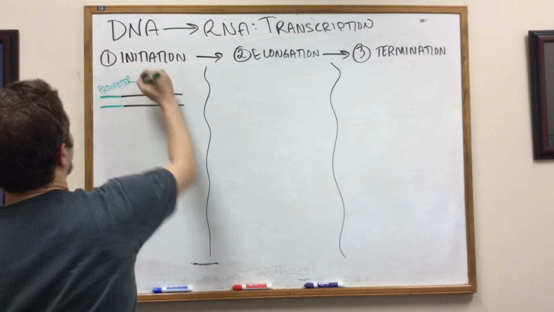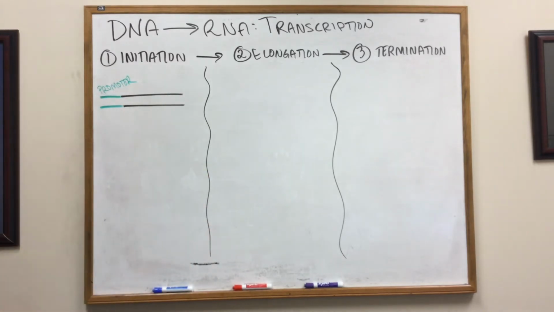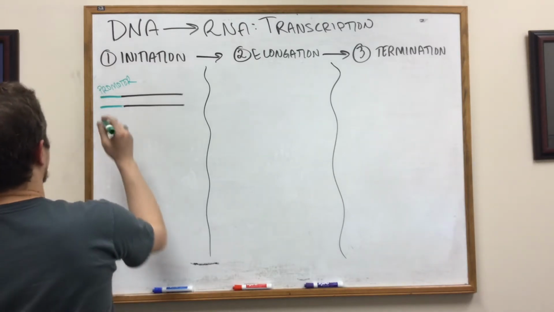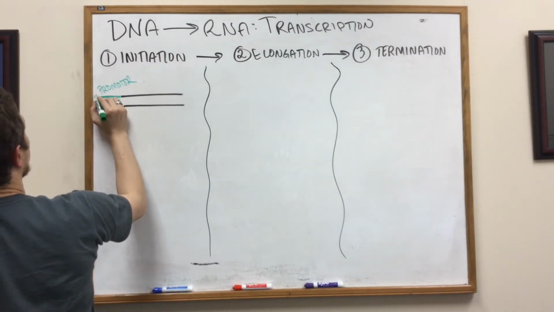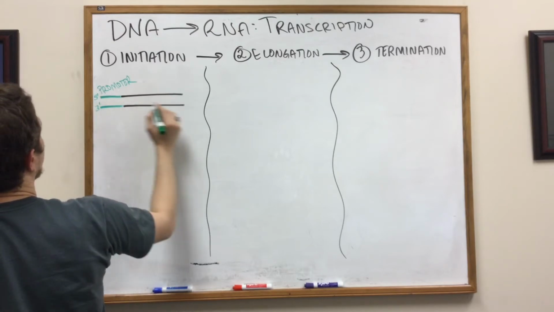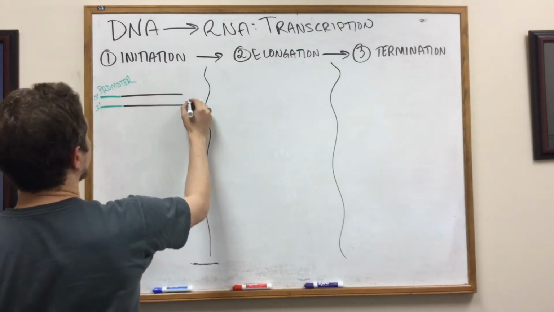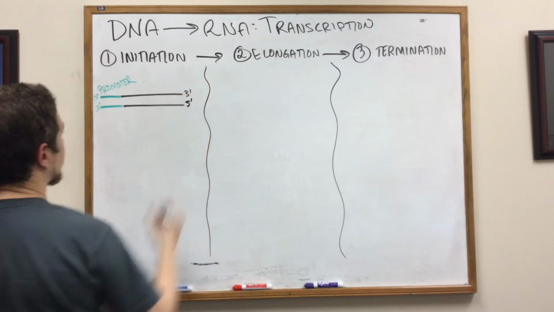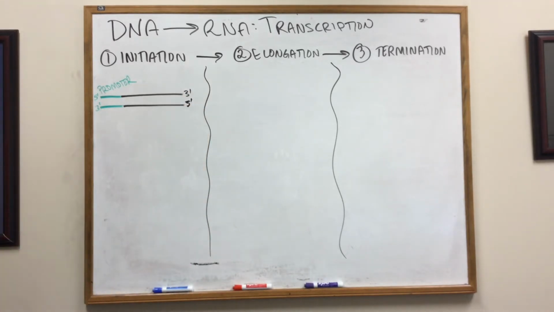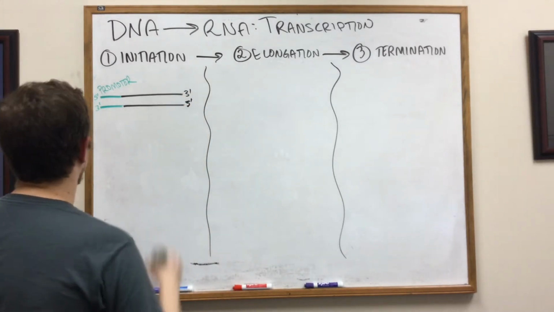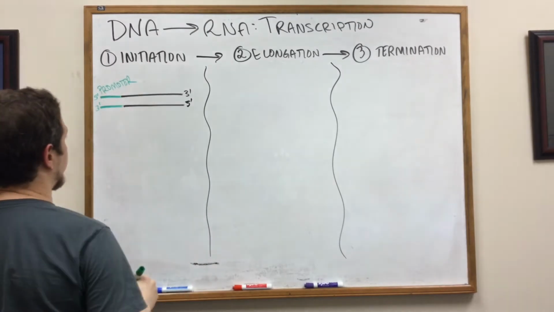This is the site where we're going to initiate transcription. So there's the promoter, and let's go ahead and label our 5' and 3' ends. So here's 5' at top, 3' at the bottom, which means over here this is going to be 5' and 3'. Okay, so the first thing I always need is a promoter. So that's the first thing that I'll need for initiation.